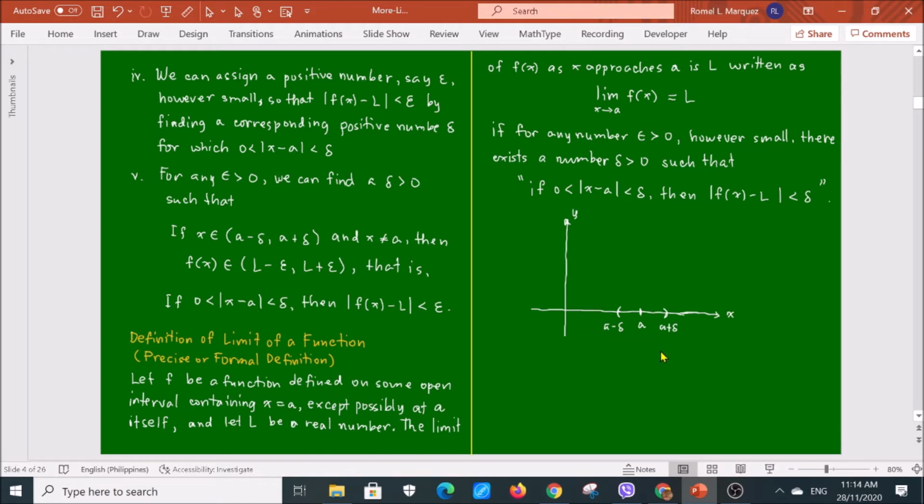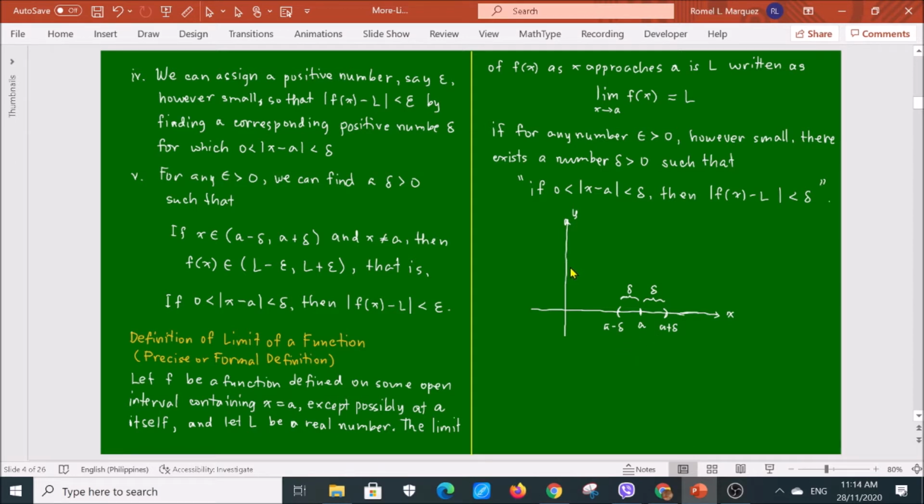So again, this distance is delta. This is also delta.